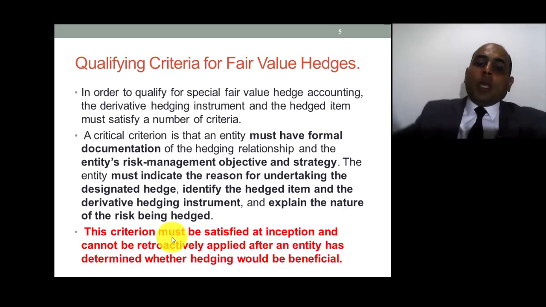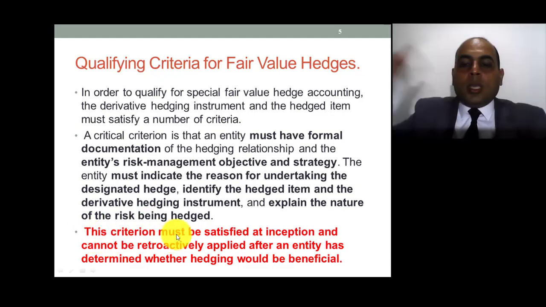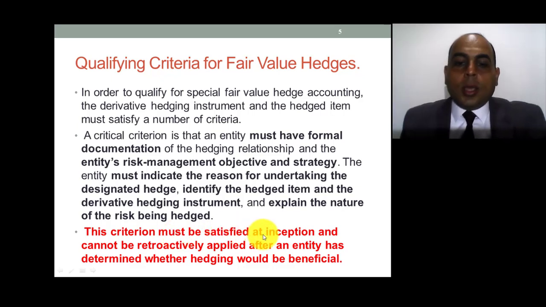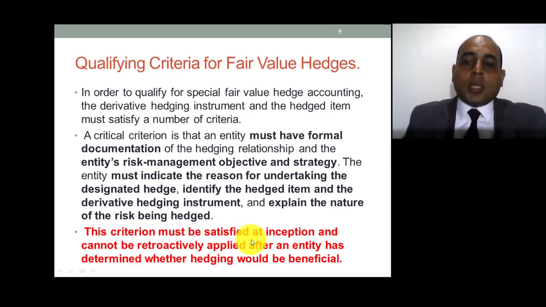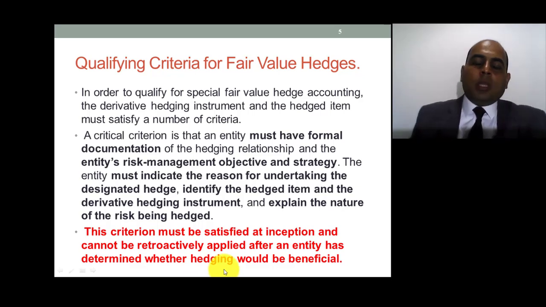It means it should be predetermined before entering into this kind of transaction. Again, this criterion must be satisfied at inception, and cannot be retroactively applied after an entity has determined whether hedging would be beneficial.